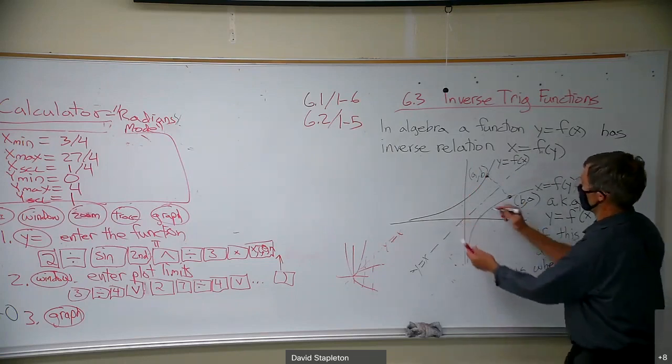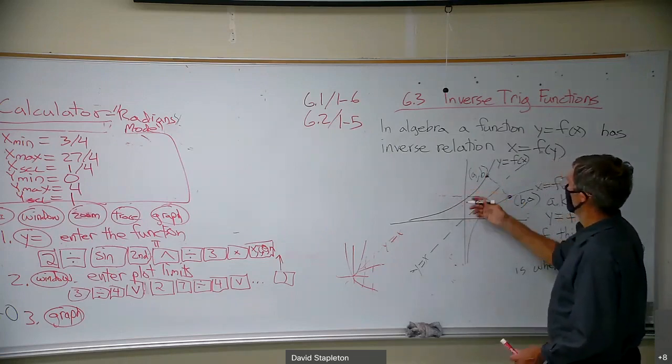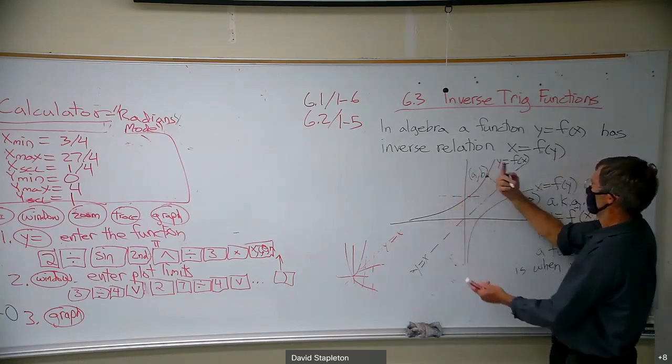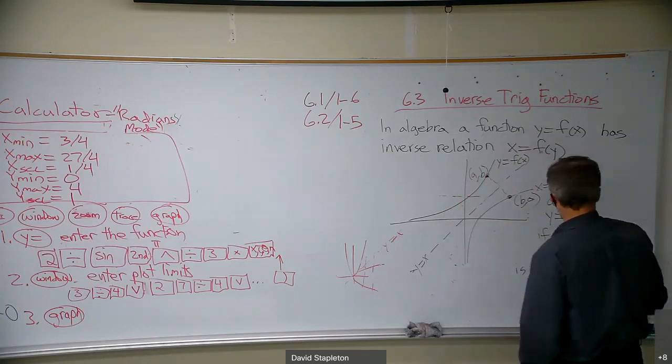Right, because when you flip a horizontal line like this over the line y equals x, it becomes a vertical line.